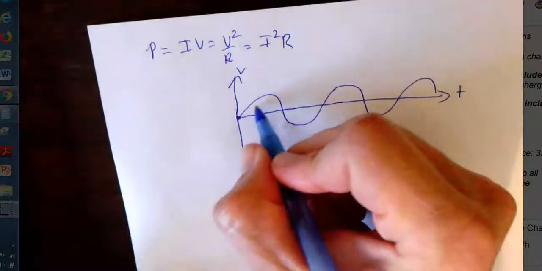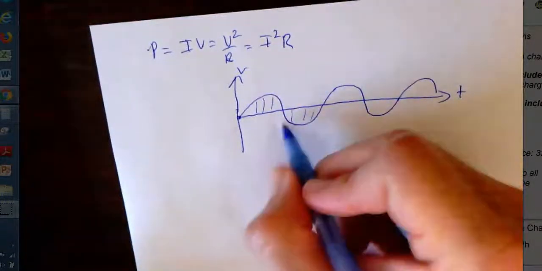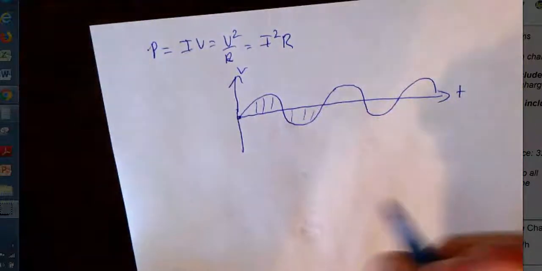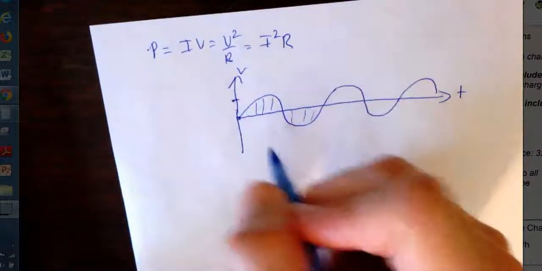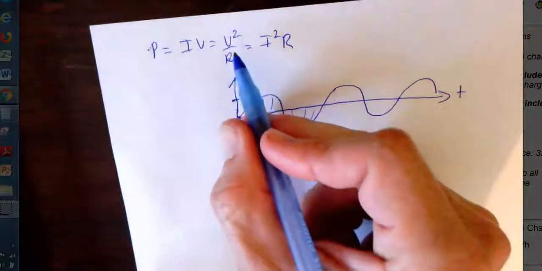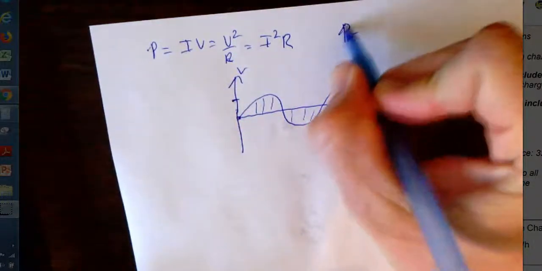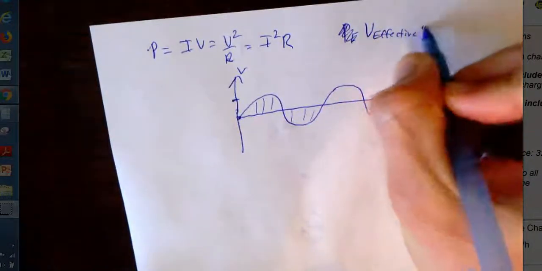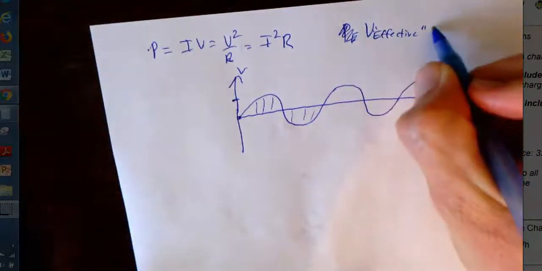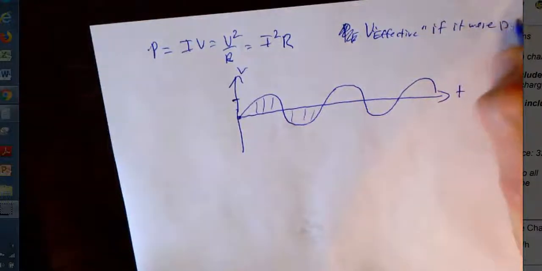Okay. So sometimes the electrons are pushed in the positive direction, sometimes they're pushed in the negative direction, all along here. And people think that this right here is 120 volts, but that's actually not true. What the 120 volts is, is sort of like an effective V. It's like an effective voltage if it were DC.